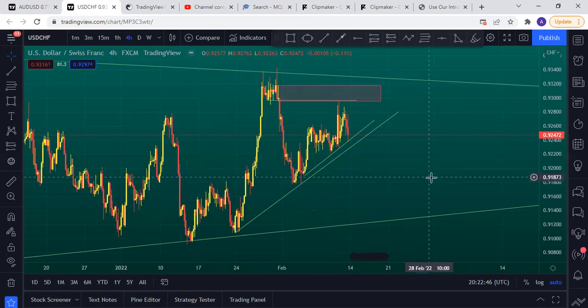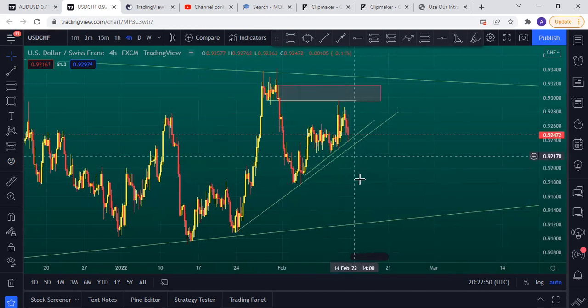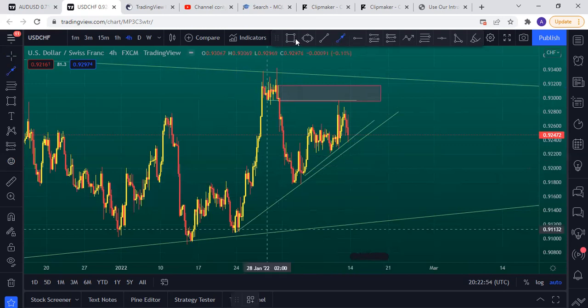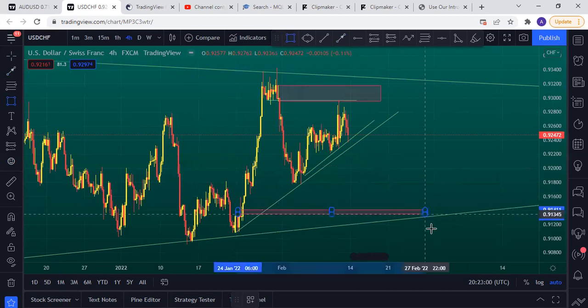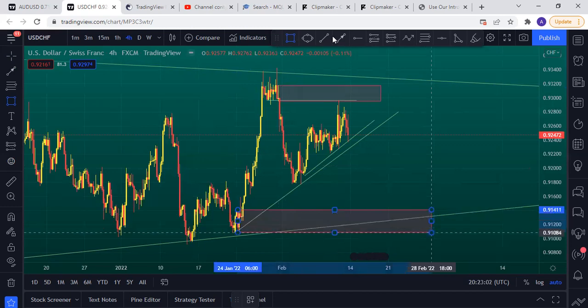We're seeing this bearish movement on USDCHF right now, which means that we might be seeing some strength on the CHF.